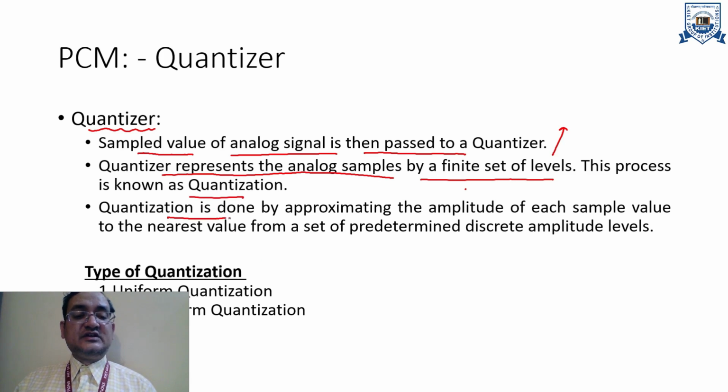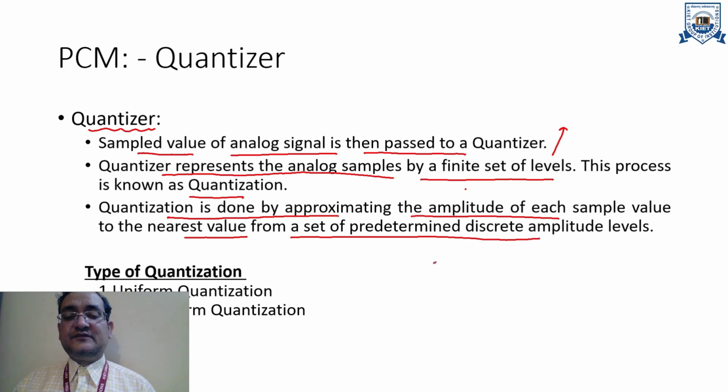Quantization is done by approximating the amplitude of each sample value to the nearest value from a set of predetermined discrete amplitude values. For example, there is a function in maths called the greatest integer function, so when you apply, for example, 1.2 in the greatest integer function, you will get 1.